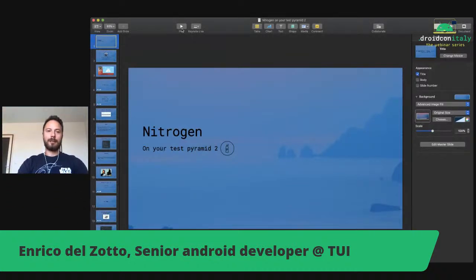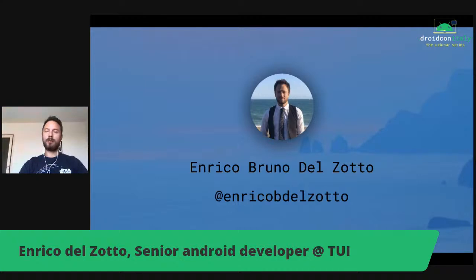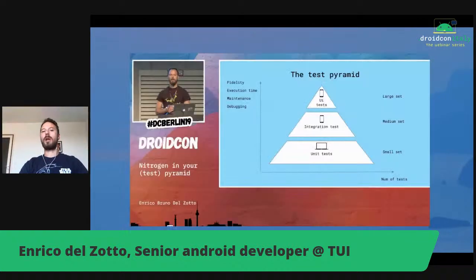So let's get started. First of all, my name is Enrico and I'm an Android developer in London. This talk is the natural continuation of the talk that I did last year in Berlin, in which I spoke about how the test pyramid is organized, in which manner we can divide tests and run tests in different layers.